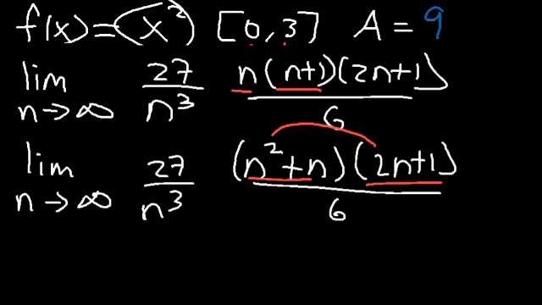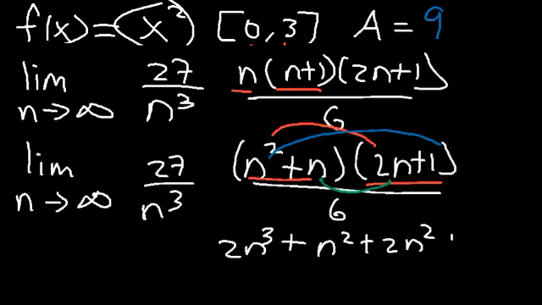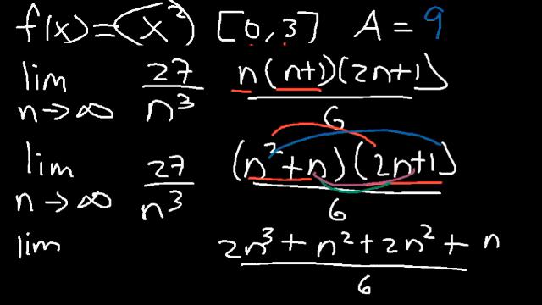So n squared times 2n, that's going to be 2n cubed, and then n squared times 1 is simply n squared. n times 2n is 2n squared. And the last part, which is n times 1, that's plus n. So divided by 6 times everything that is already on the left.